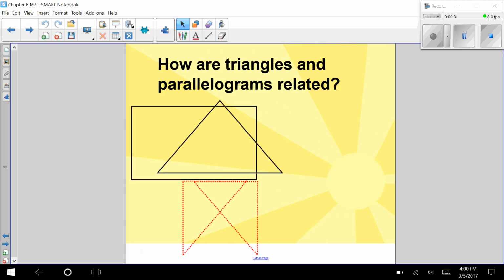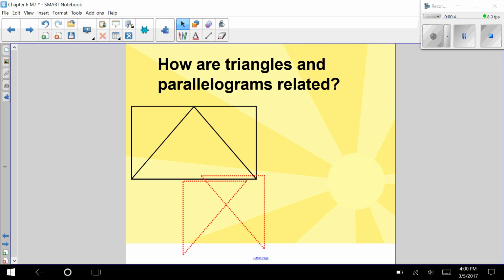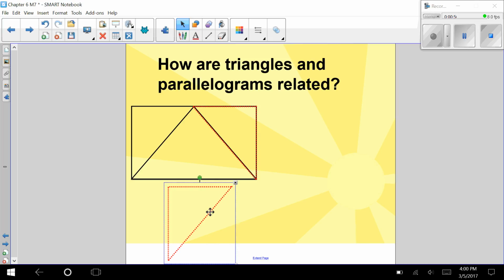Notice that I can take this triangle and it has the exact same base length and height as this rectangle. Notice there are just two extra sections of my rectangle. This triangle here and this one over here. Well, if I take those two triangles and I rotate them around, there we go.